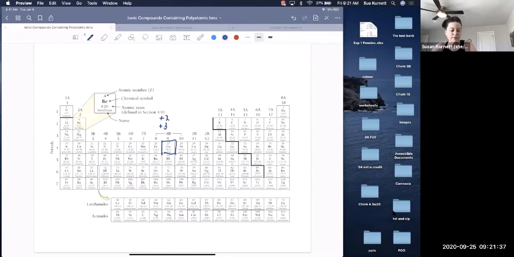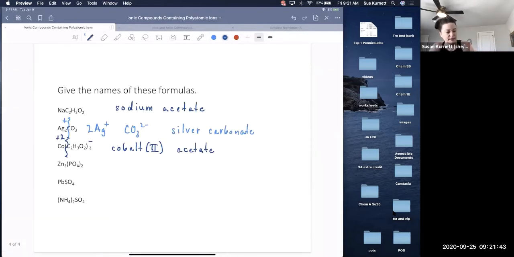And so I have to say which cobalt is in the compound. And in this case, it was cobalt 2 acetate. If it had been cobalt 3 acetate, the formula would have been like this. But because of this 2, I can figure out what the charge is here. And that's what this is. It's us stating that charge.